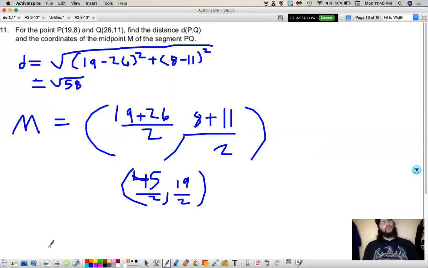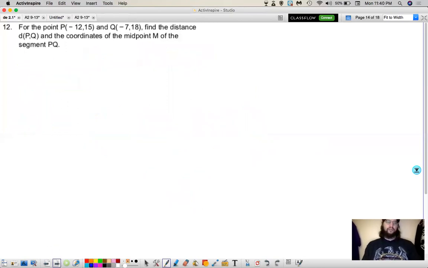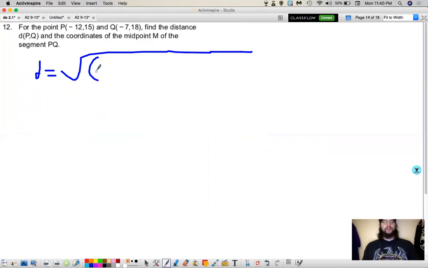Okay. Not interesting, same thing. Distance. So I would suggest writing it down and then typing it in the calculator. And it is minus a negative.